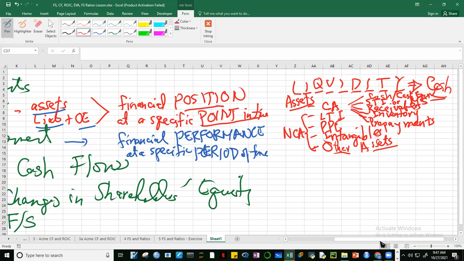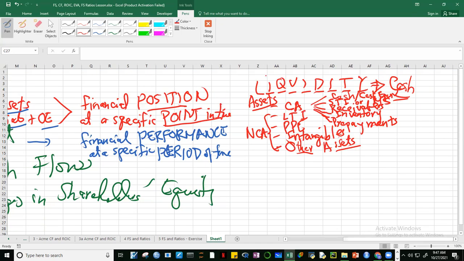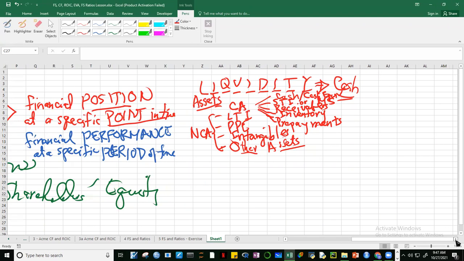So this is how your balance sheet is composed. It's arranged according to liquidity. So what this tells us is that there are certain rules by which accountants generate the balance sheet. Of course, from the liability and equity side, let's just enumerate it very quickly.